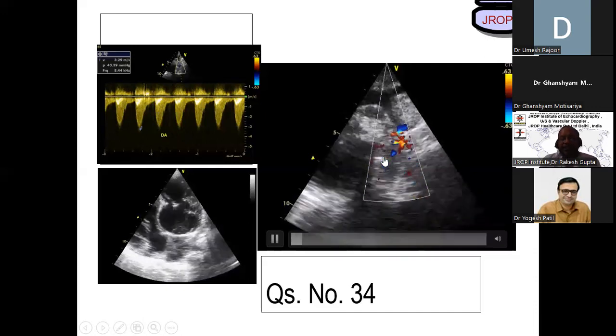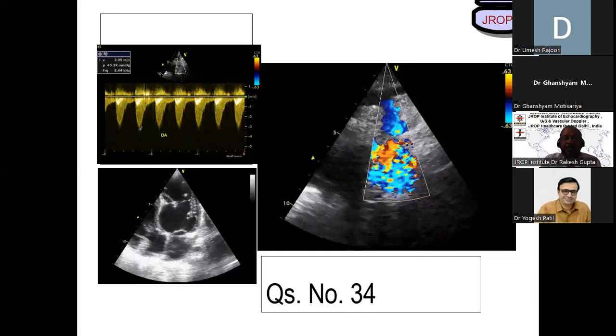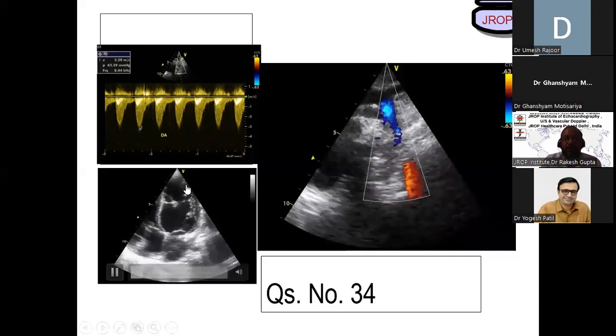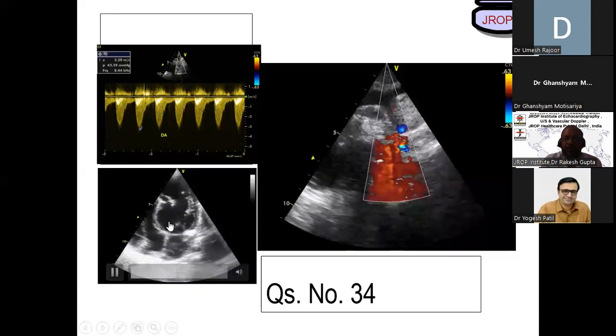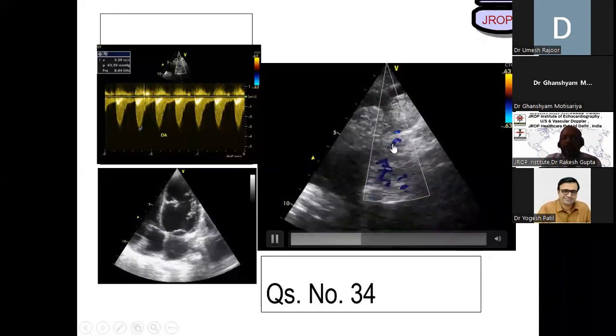Some people will say the gradients are not enough to open up this coarctation of aorta. But the gradient has to be high because my LV function is poor. So when my colleague did not agree, we gave dobutamine to this patient. We increased his LV function and the gradient went to almost 100 millimeters of mercury.